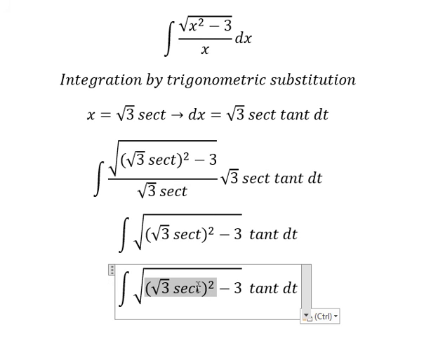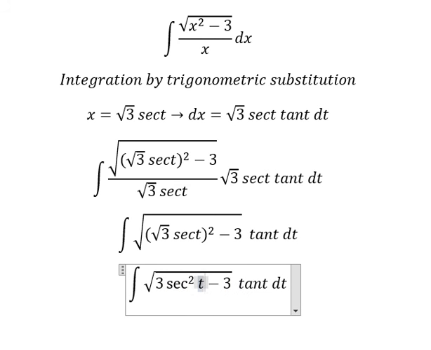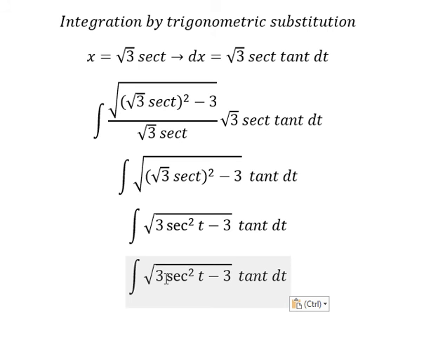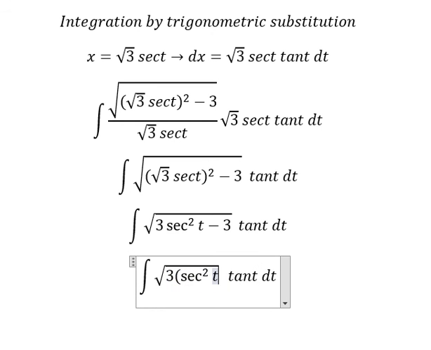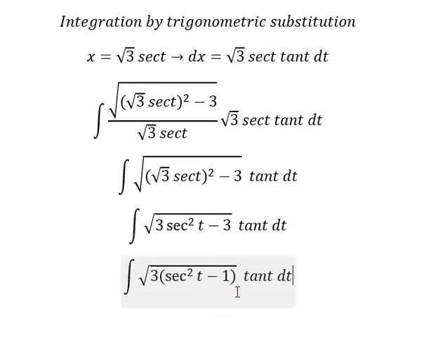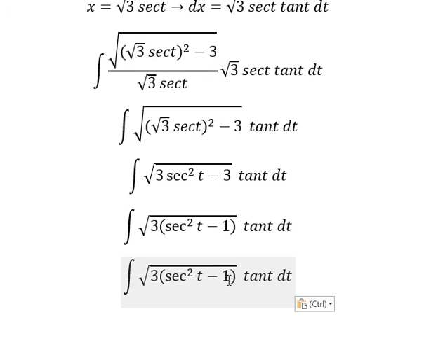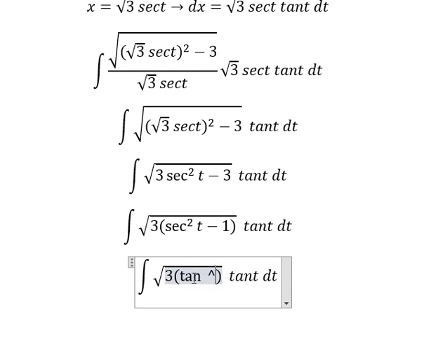So this one we get 3 secant t squared. Number 3, we can do factorization. This one we get tan t squared.